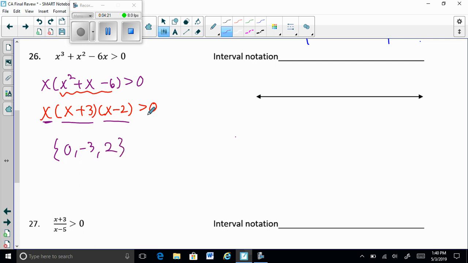This time they are not going to be included because of my inequality sign, because that makes my expression equal 0, and I'd get a false statement. 0 is not greater than 0. So let's plot these points. I'm going to put negative 3 here, put 0 here, and we'll put 2 right here.